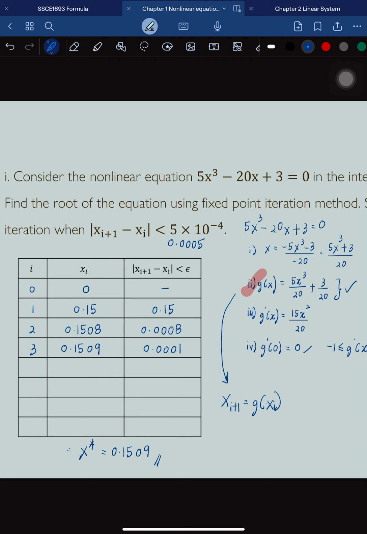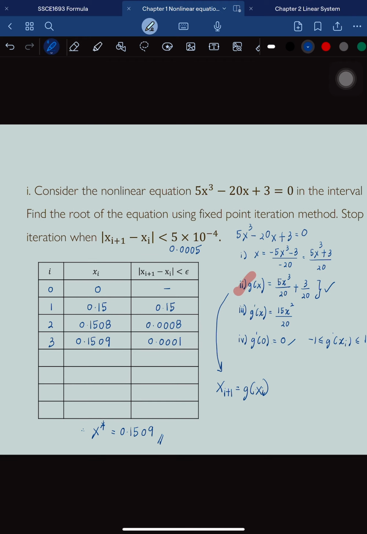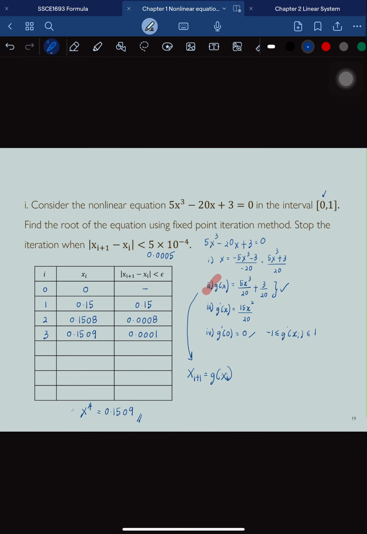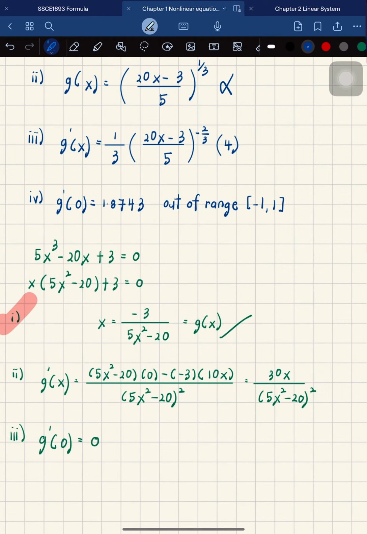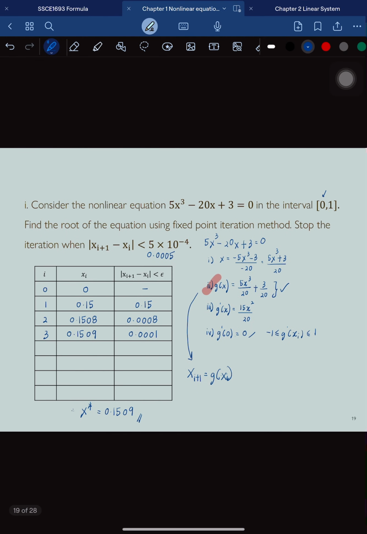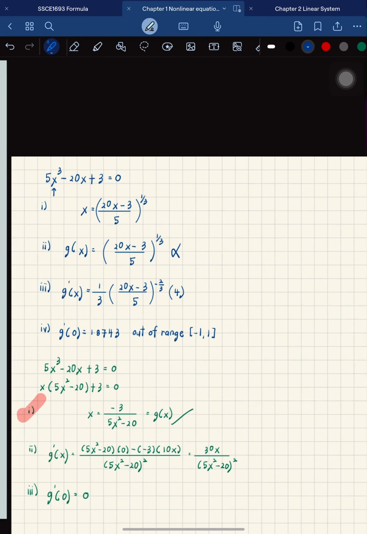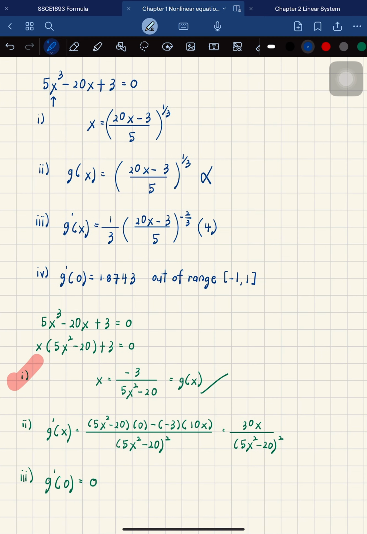So this is the answer. And I'm sure if you are using this other value of x, you still can get the converged answer. Okay, you can try, and you still can get the same answer. Okay, but you cannot use this g because your value will diverge if you are using this g.